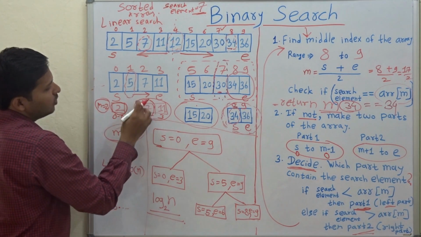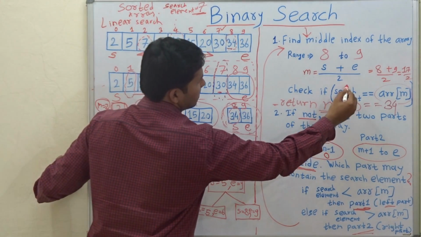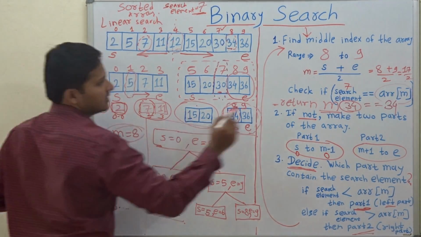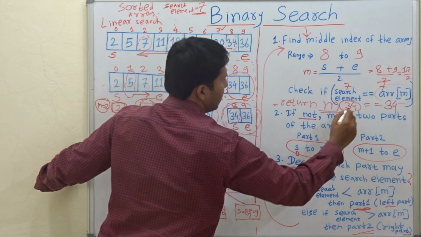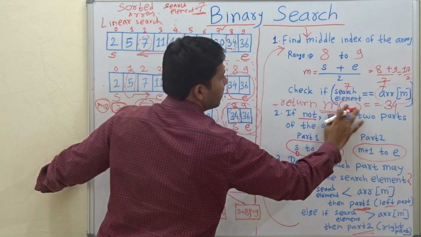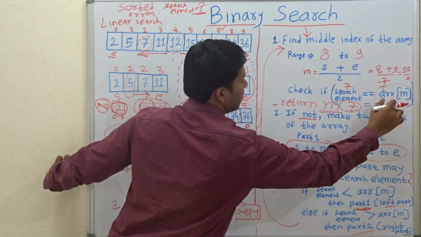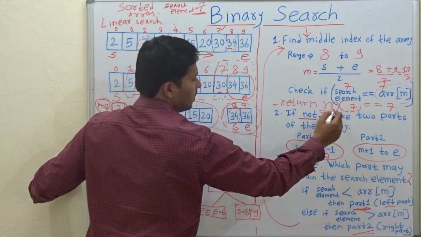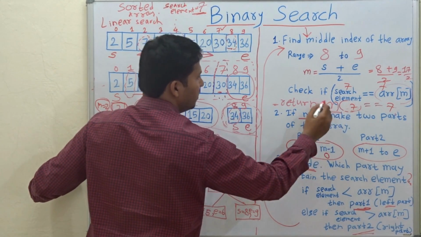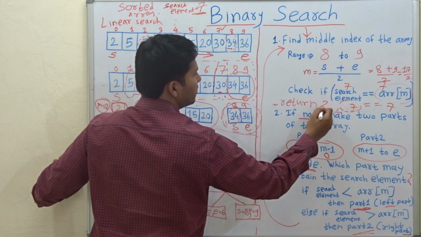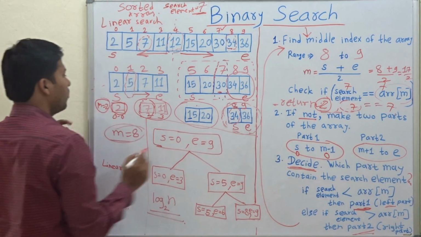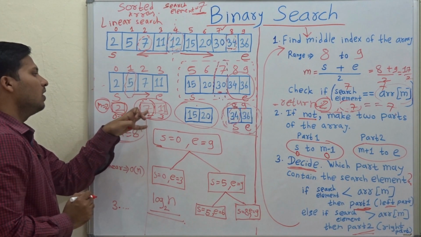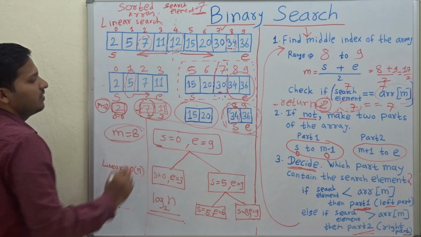As m is equal to 2, check whether search element 7 is equal to array of 2. Yes, it is equal. So we return m, that is 2. That is the index of the element we are searching for. So that index is 2 and the element is 7.